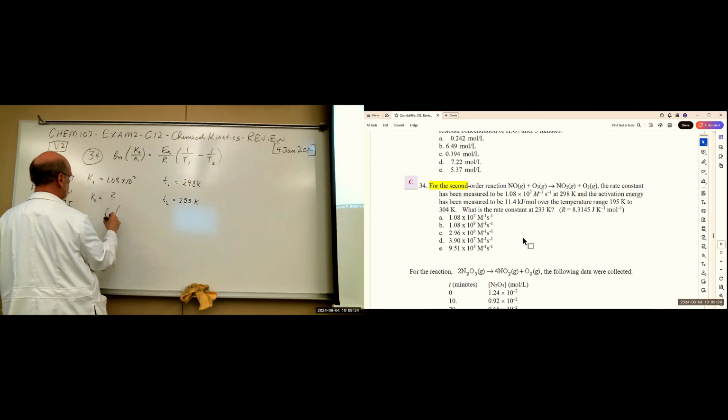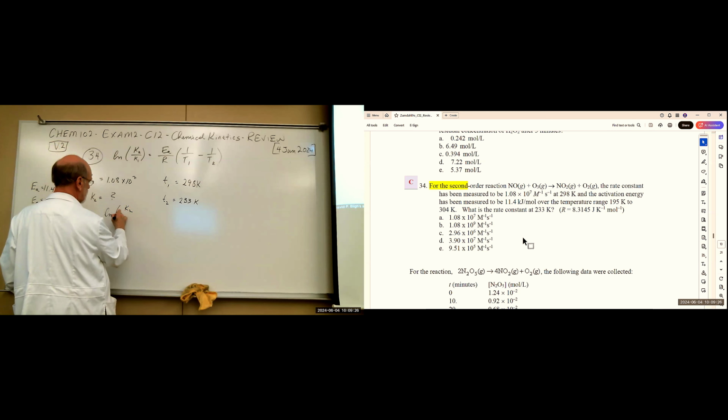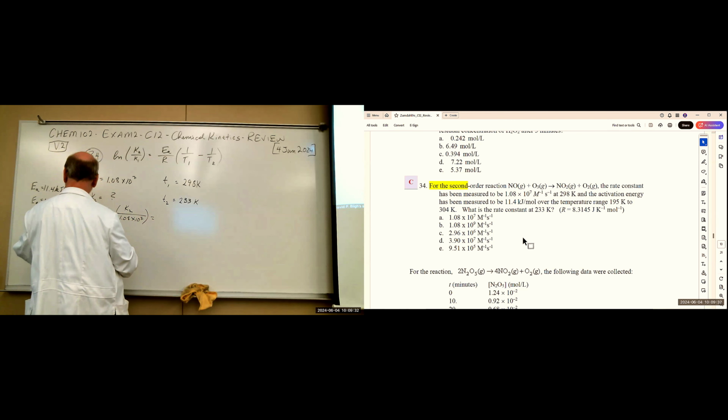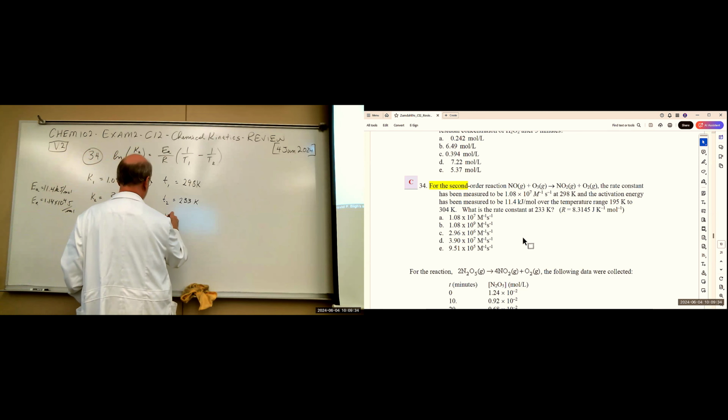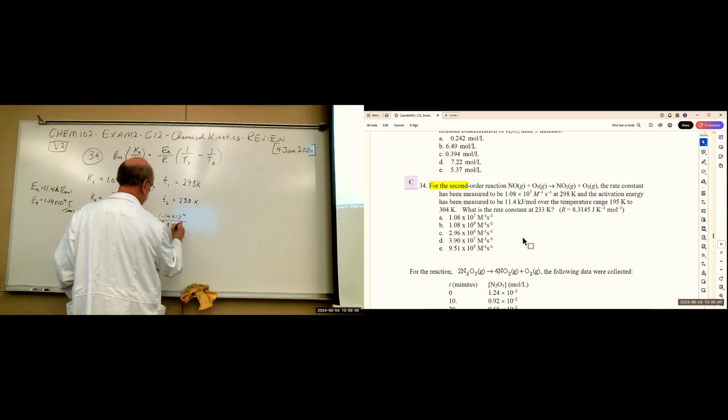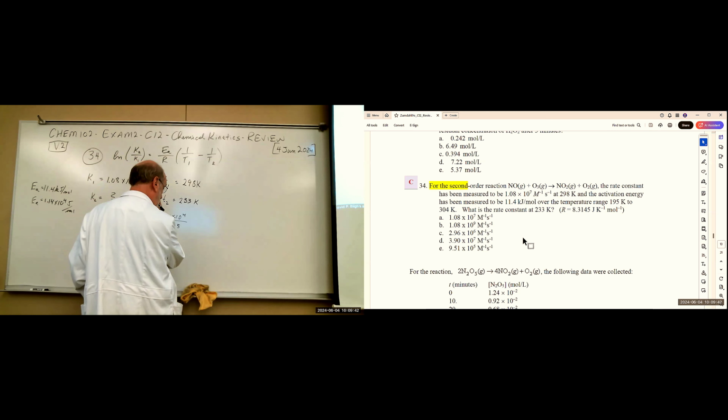So the natural log of K2 over 1.08 times 10 to the 7th, it's that side of the equation. On this side, we have 1.14 times 10 to the 4th joules per mole and 8.3145 joules per K mole.